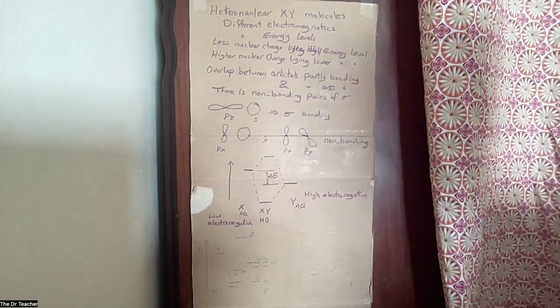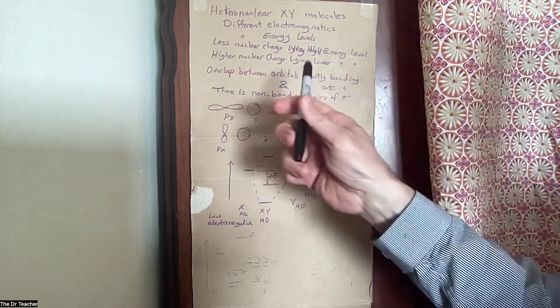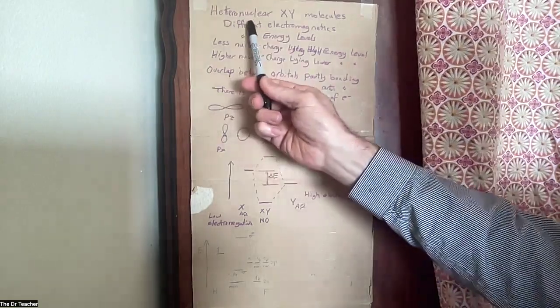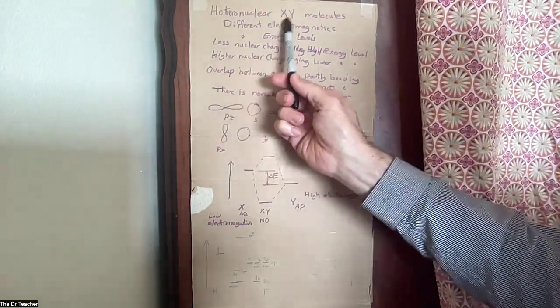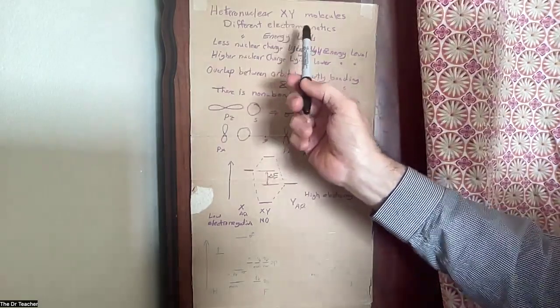Hi, just to explain the heteronuclear XY molecules interaction diagrams between the orbitals. If it was X and Y, they are different in the atom type.